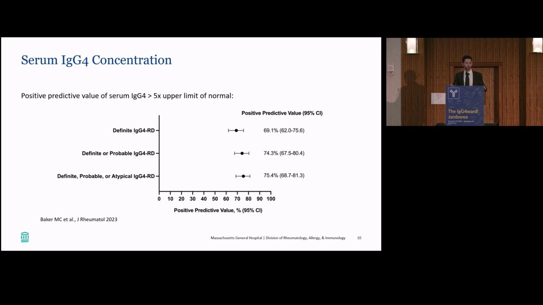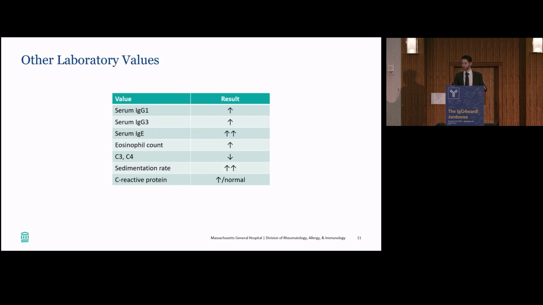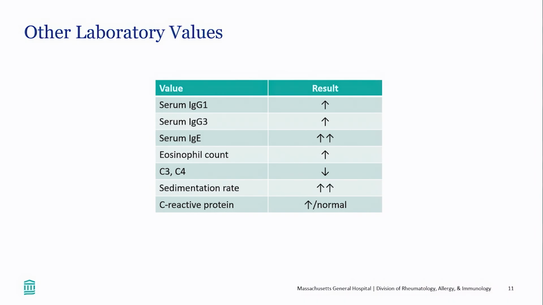So it's an important test for sure, and one that we get on every single patient who we suspect has IgG4-related disease. But just like everything else we've talked about, we need to interpret it with caution, and we need to recognize that there are limitations to how we use the serum IgG4. There are other lab values, and the more abnormalities that we see that look like IgG4-related disease, the more convinced we get. So people can also have elevated serum IgG1, IgG3.